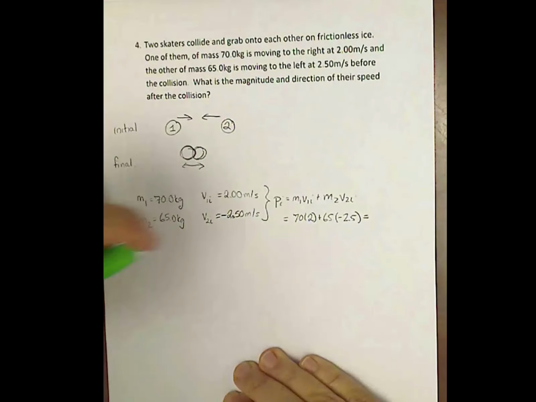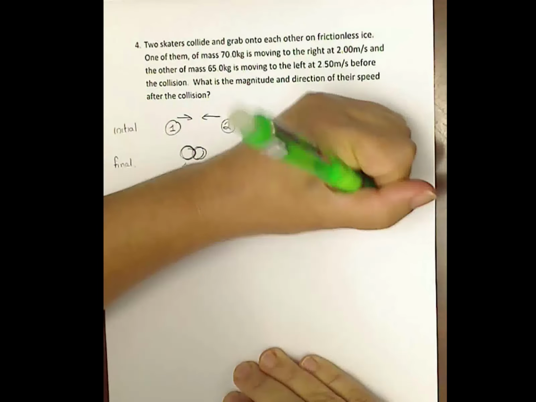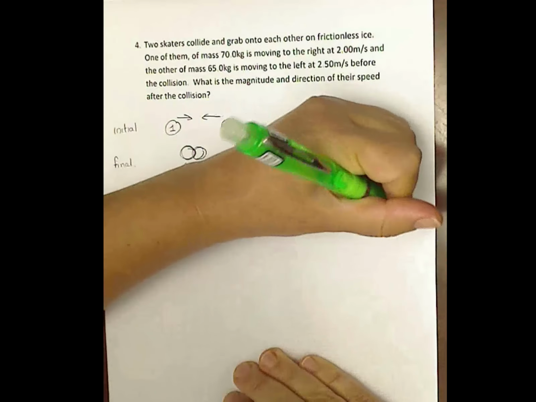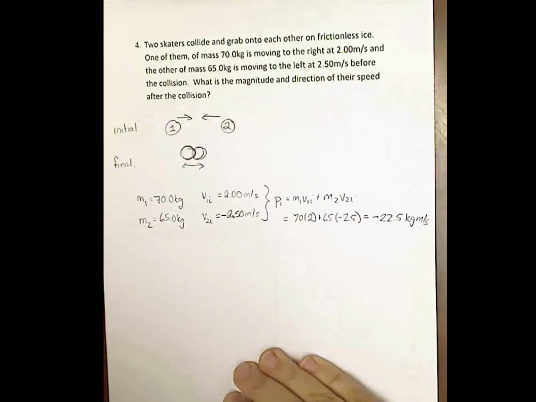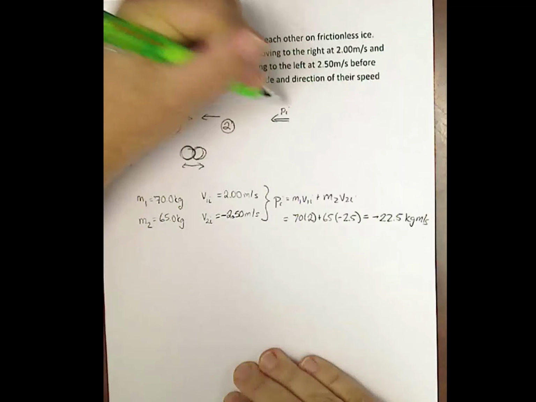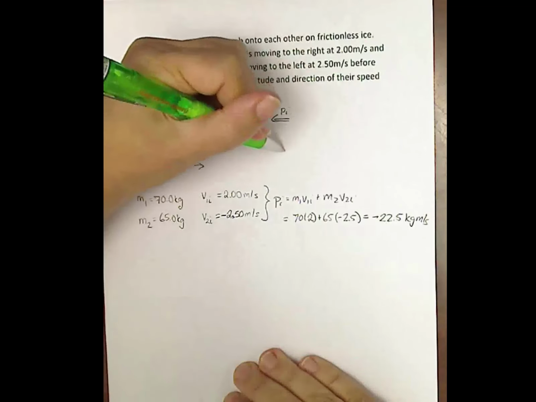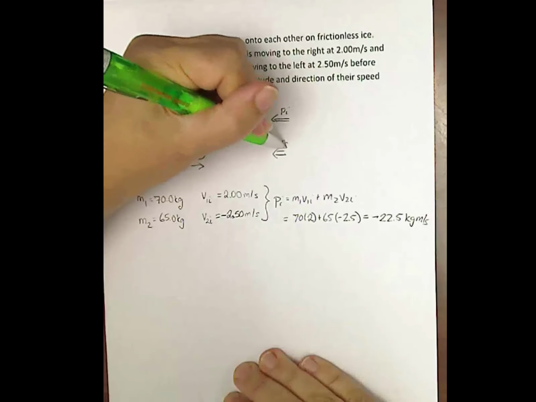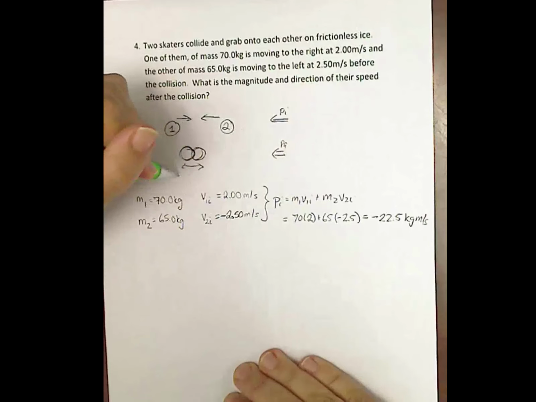And I get negative 22.5 kilogram meters per second. So that tells me that the initial momentum is in that direction, and that means the final momentum is also going to be in the same direction. So after the collision, they're going to go off backwards towards the left. But let's see if we can use our equations to get the answer.